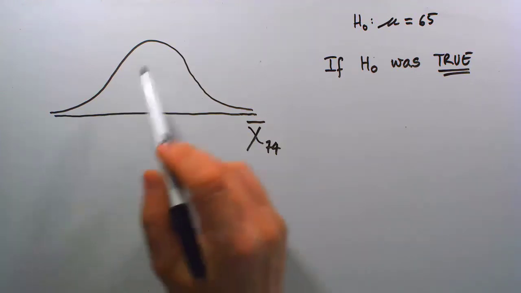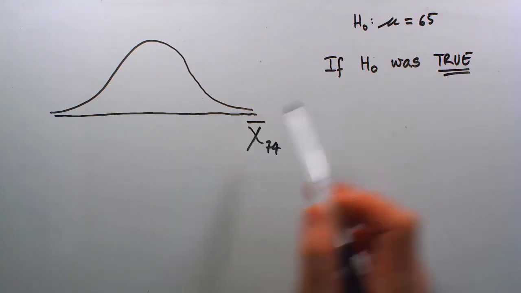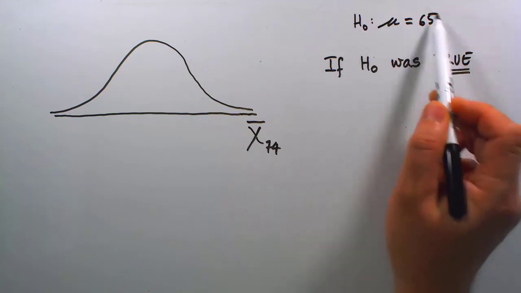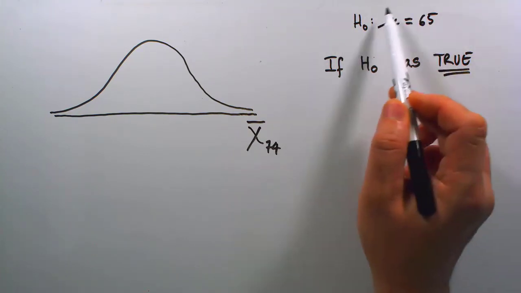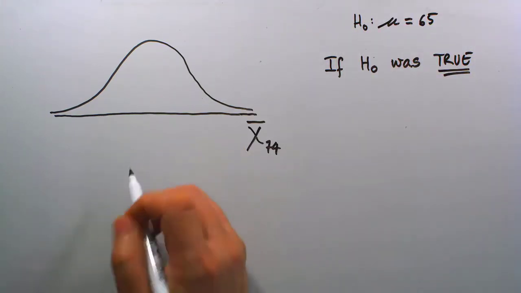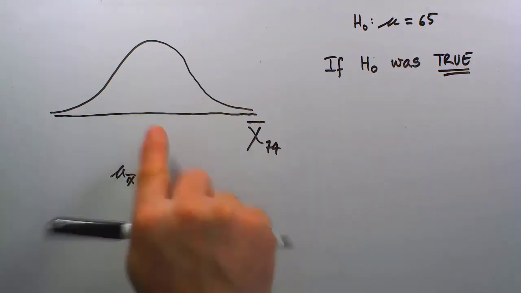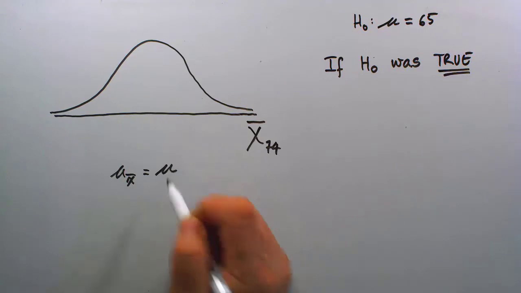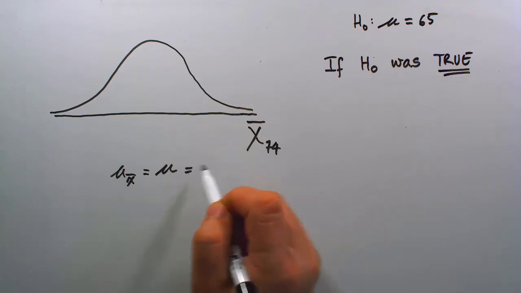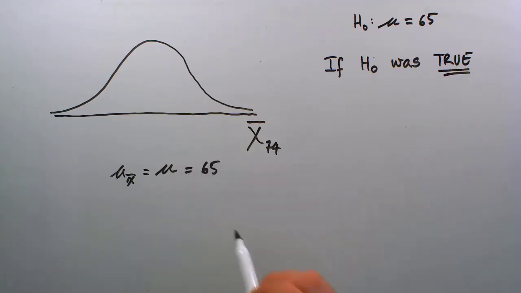This bell curve, according to the central limit theorem, would take the value claimed in our null hypothesis as the center, because recall for yourself, mu x bar, which is the center of this bell curve, is always equal to mu, and mu in our case here is accepted to be 65.